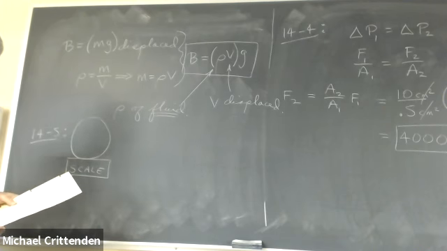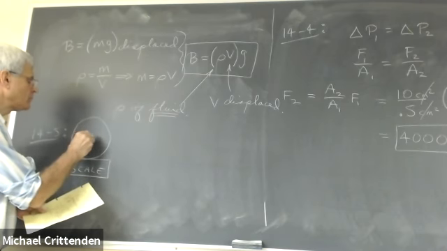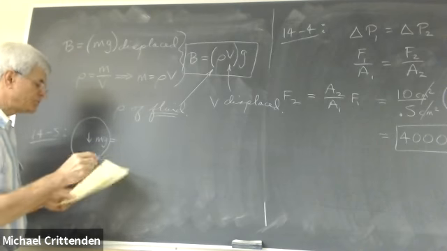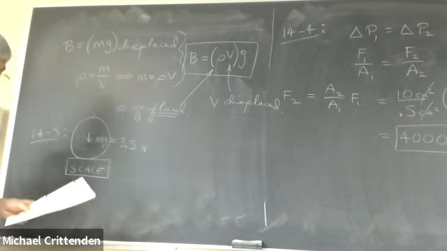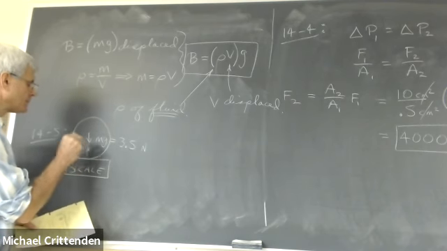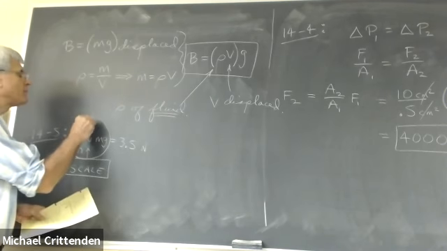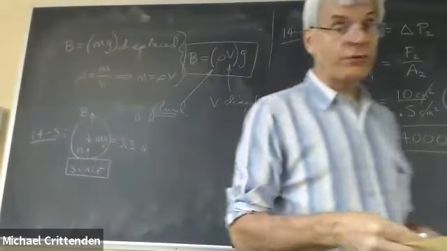And there are actually 3 forces acting on it. The Earth's gravity pulls downward on it, which, as the question says, is 3.5 newtons. And there's the normal force, which comes from contact with the scale that it's sitting on. In addition, there's also the buoyant force, which comes from the surrounding water.